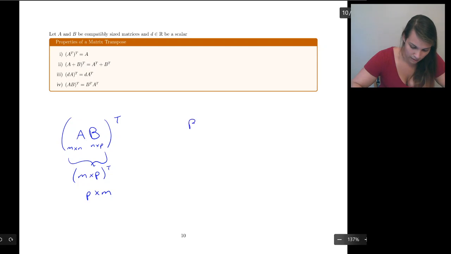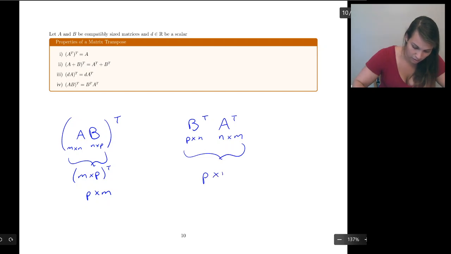And then we've got B transpose times A transpose. So B transpose is a p by n, and A transpose is an n by m, and you put that together and you get a p by m. So the dimensions match up.